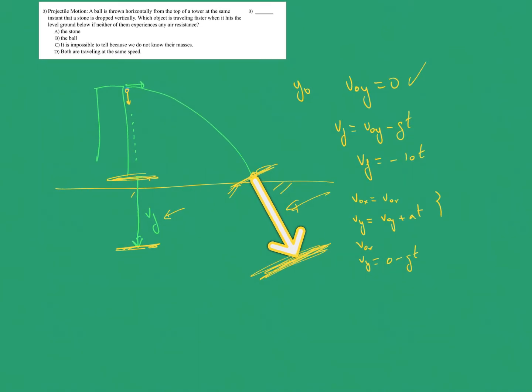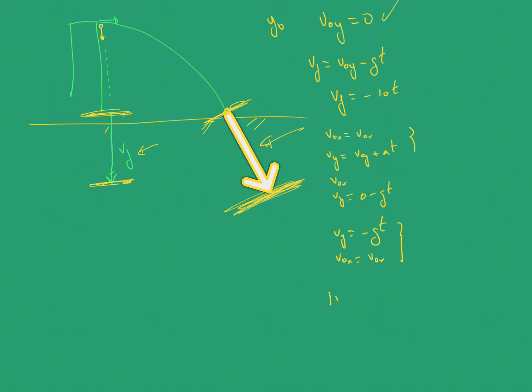So vy will be minus g t, and the other velocity v0x is maintained constant. So the magnitude of the velocity when it arrives at the floor will be the square root of v0x squared plus (g t) squared.